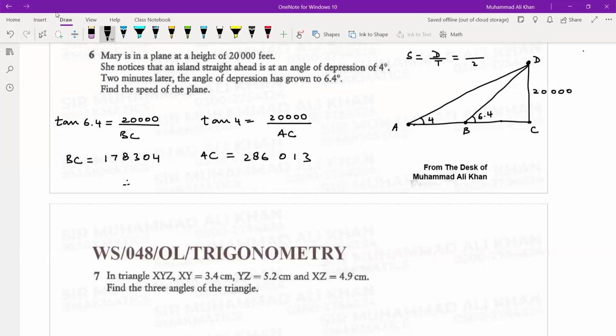Therefore, the length AB will be AC minus BC. No problem. The length AB is AC minus BC. Now, what is the answer? 107,709. This is the length.